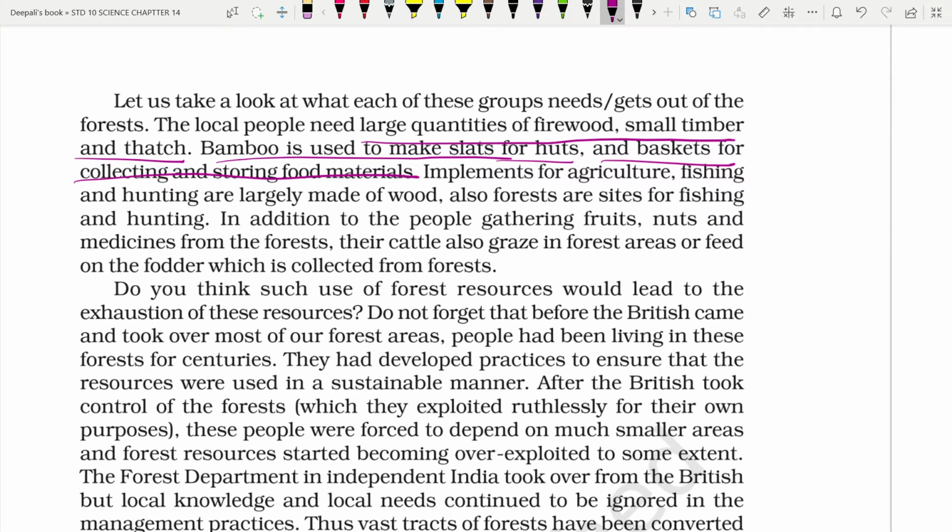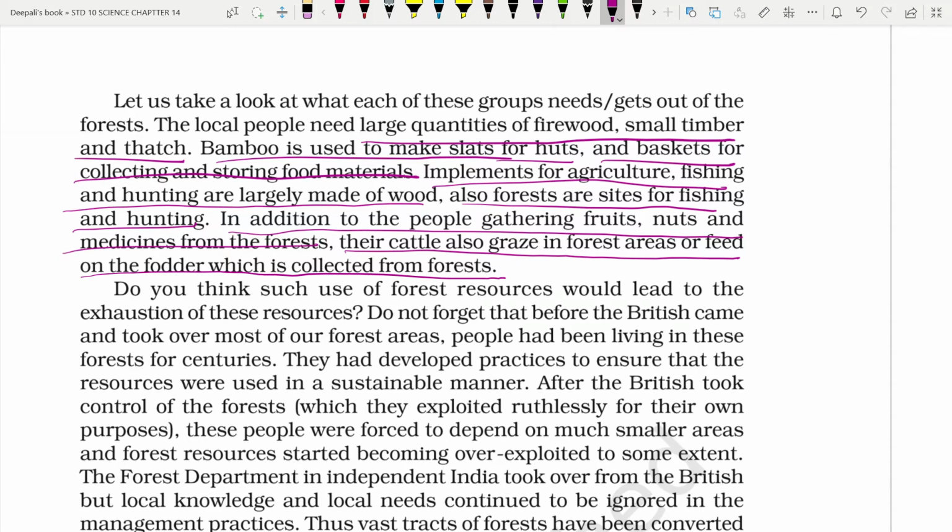Implements for agriculture, fishing and hunting are largely made of wood. Also, forests are sites of fishing and hunting. In addition to gathering fruits, nuts and medicines from the forest, their cattle also graze in the forest area or feed on fodder which is collected from the forest. So, these are the basic uses of forest.